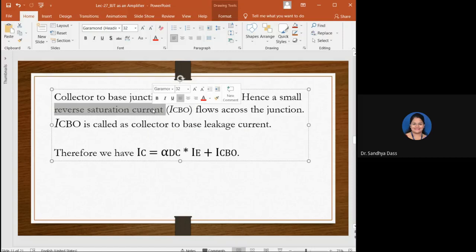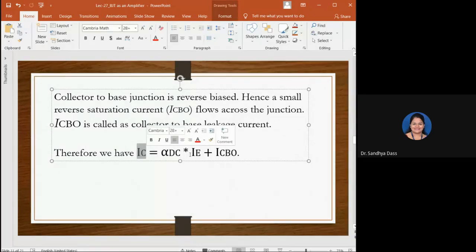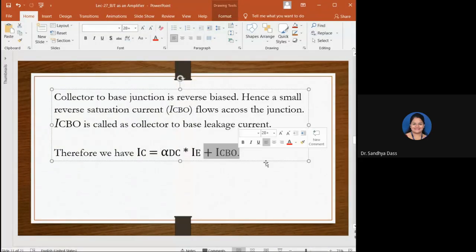And just now we defined the alpha term, which is the ratio of IC and IE. So the total collector current is equal to alpha times IE plus the leakage current ICBO.